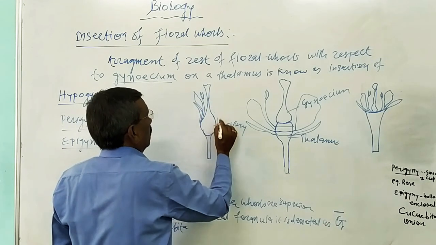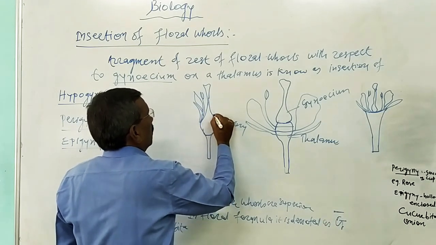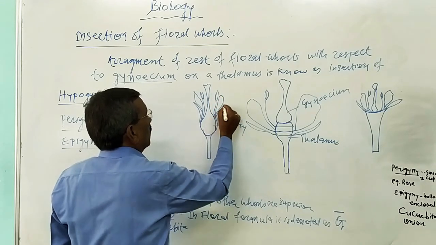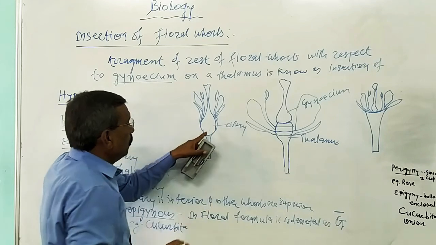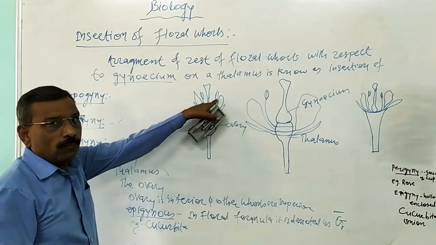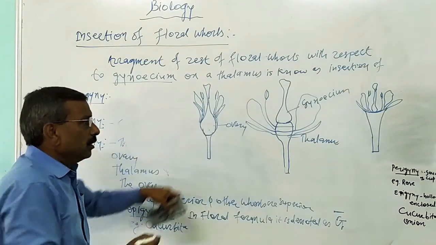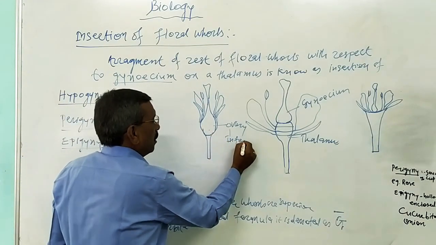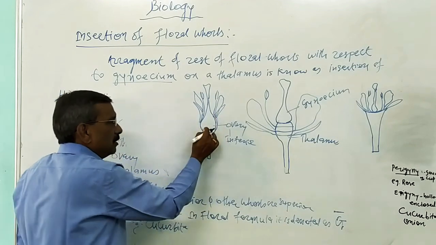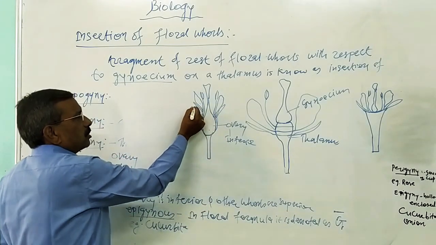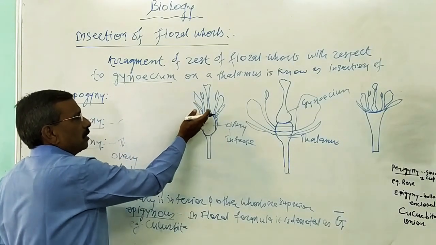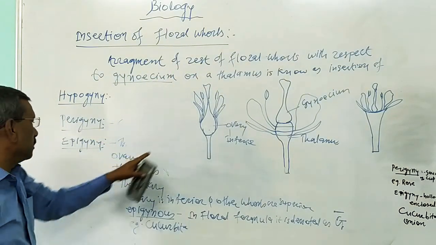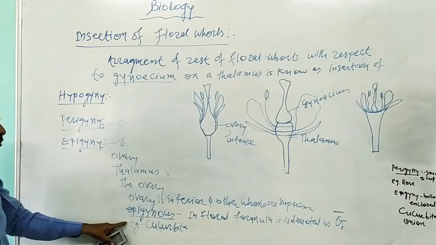Here again, androecium, corolla, and calyx. Now the ovary lies below, and the others lie above the ovary, so this is an inferior ovary. Because it lies below, and the whorls of the flower, that is calyx, corolla, androecium, lie above the ovary, they are superior. Now this condition is known as epigyne. The flower is known as an epigynous flower.